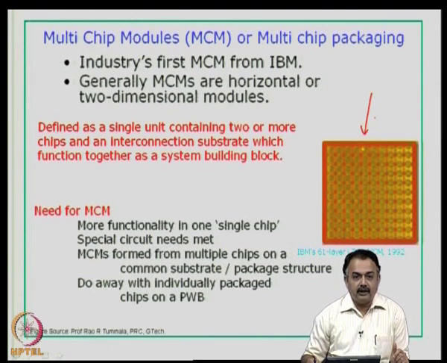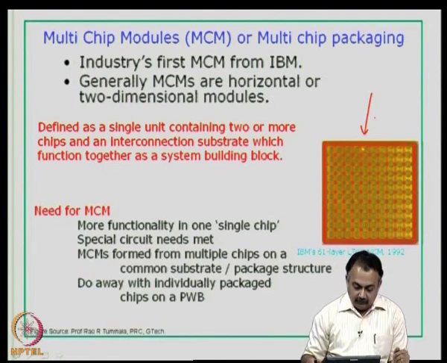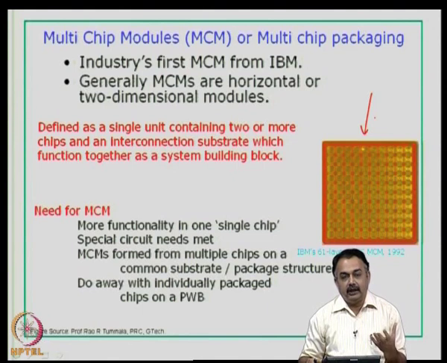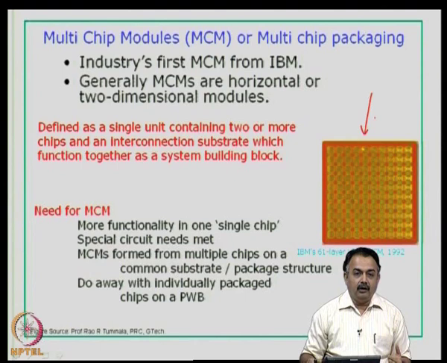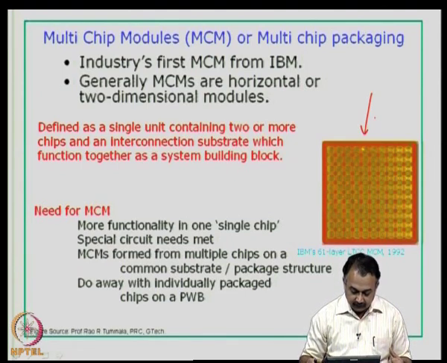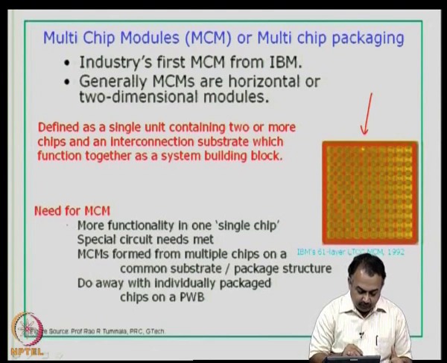It gives more functionality in one single block, or you can call it a single chip, because as a package, you will have these units interconnected on a common substrate and they can be encapsulated. So, when you handle these multi-chip modules, it will look like a single chip, but in essence it will have more than 2 dies or chips interconnected on the substrate. So, it provides more functionality.